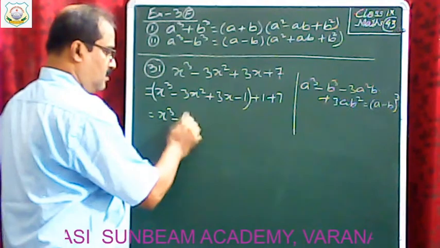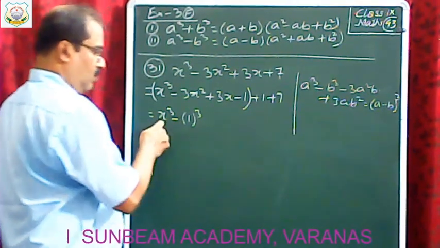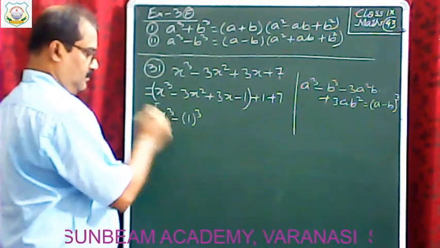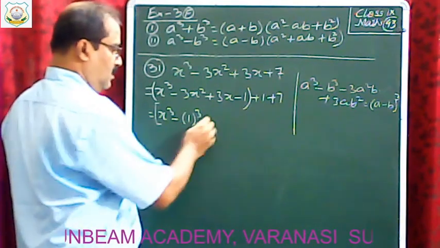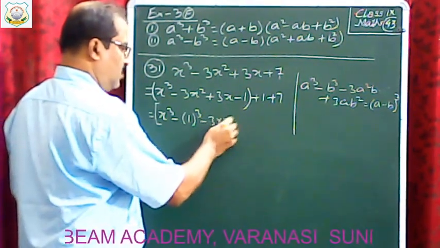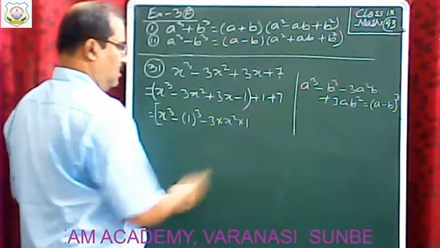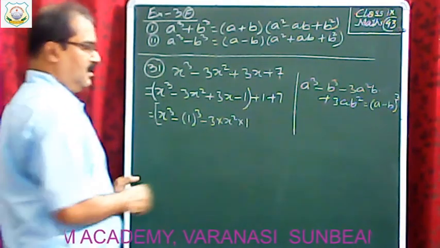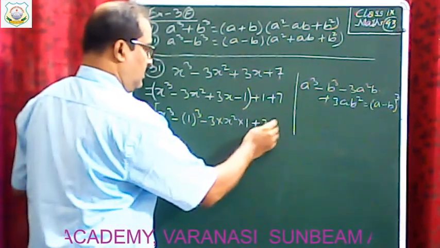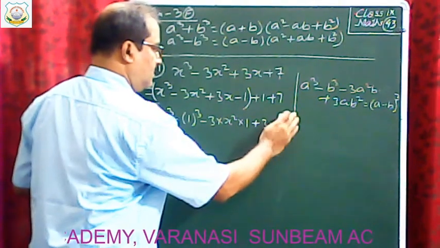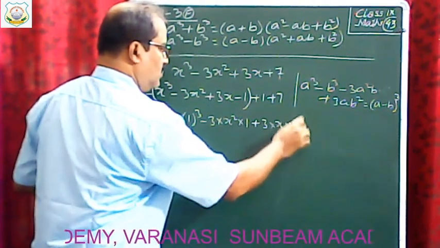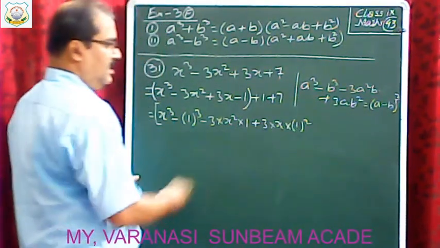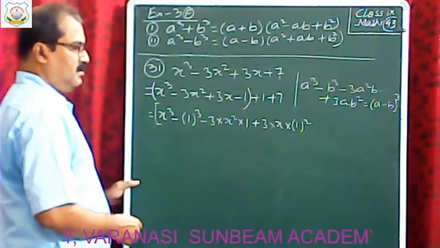minus 1 means 1 cube. So a is x, b is 1. So minus 3a square b means 3x square into 1, plus 3ab square means x into 1 square, the product is 3x again we get.